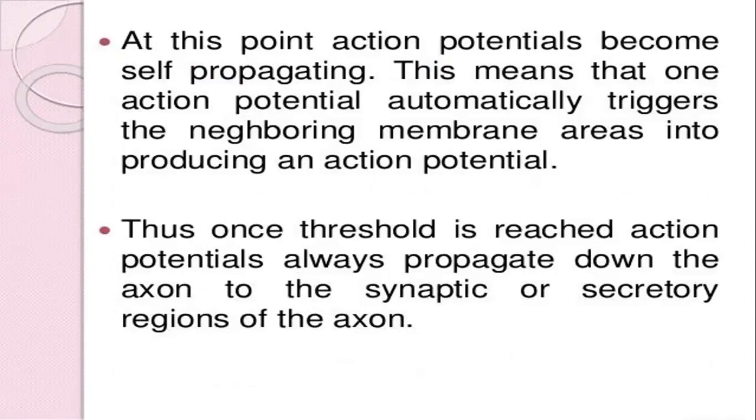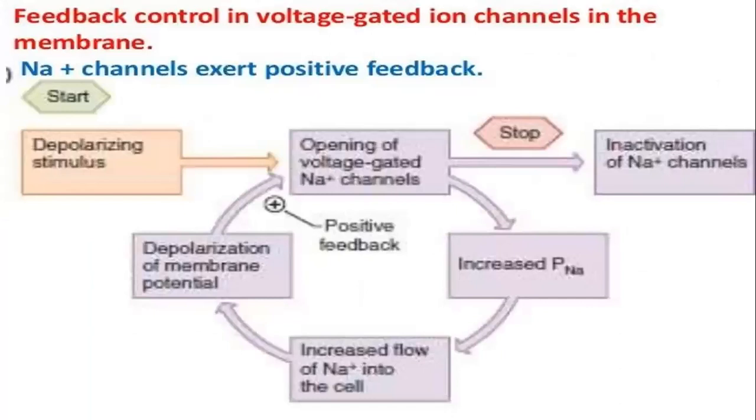The action potential is self-propagating, which means that one action potential automatically triggers the neighboring membrane areas to produce an action potential. Thus, once threshold is reached, the action potential always propagates down the axon to the synaptic end or the secretory regions of the synapse.